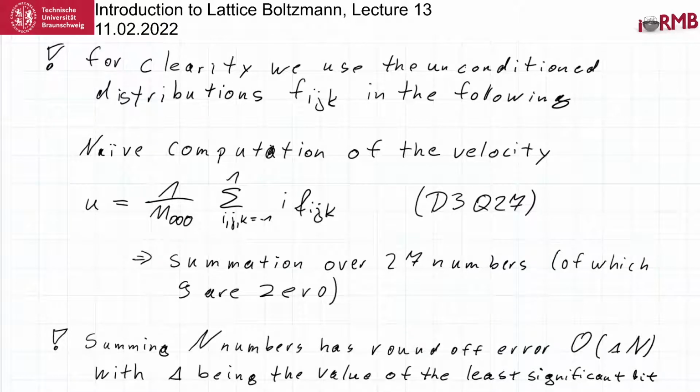So we see with an increasing number of operations that we do, we get a linear increase in the round-off errors, and this is proportional to the least significant bit. So for example, when instead of single precision, we use double precision, then the least significant bit will be much, much smaller, and therefore the build-up of the round-off error will also be smaller, but it will still be proportional to the build-up of round-off errors in single precision. It will just be that the prefactor is smaller.